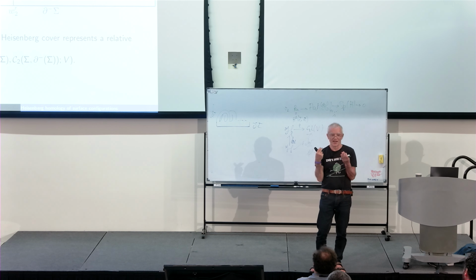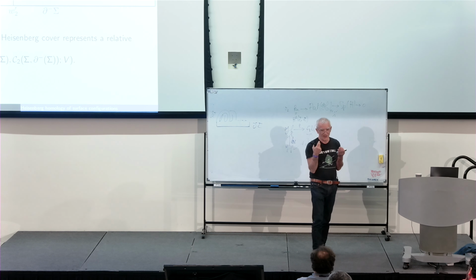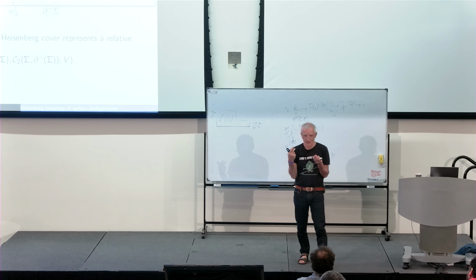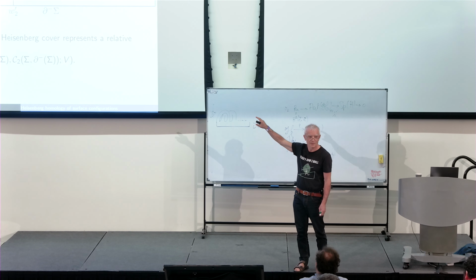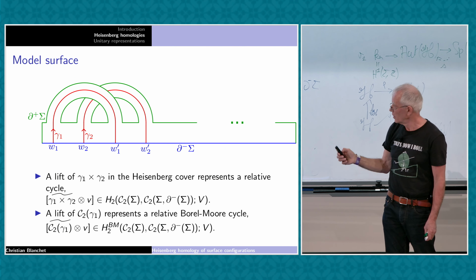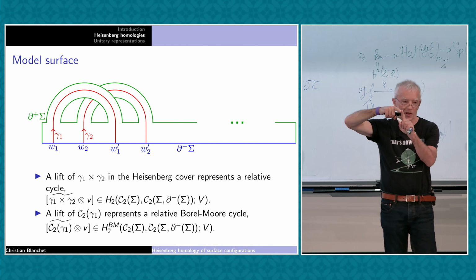So you see, my goal is to say that from the combinatorics associated to this model surface, I will describe a basis of certain homology. So the second cycle, which I can do, is not to use 2 arcs, but to put just a configuration of 2 points on gamma 1. So then I'm going to infinity, because these 2 points can be very close.